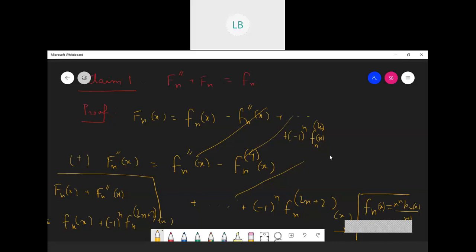By definition f_n(x) was x to the power n times p_n(x) by n factorial. So it is 2n, right? What about others? It should be 2n, right? Is it clear it is 2n? Okay, my voice is clear, right? It is audible.